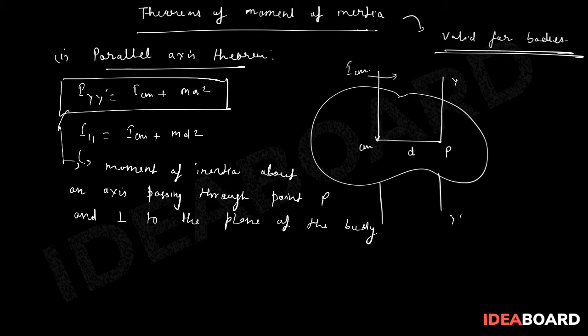Okay, and what is D? So D is the parallel distance between point P and center of mass.